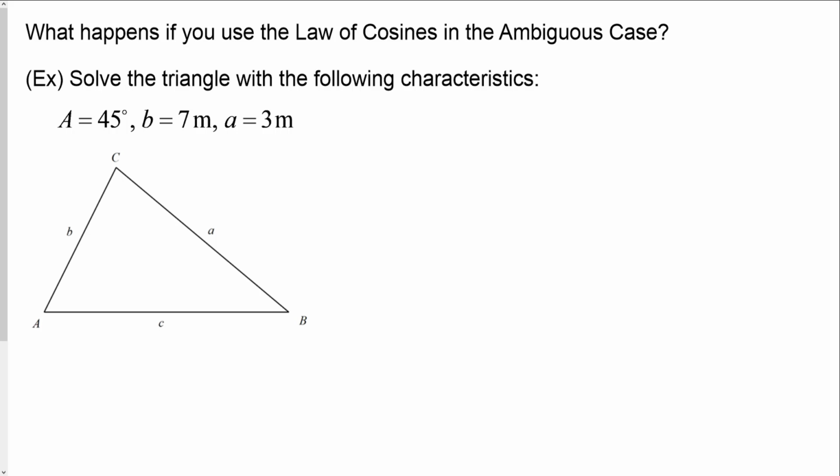The last question asks a hypothetical question. What happens if you use the law of cosines in the ambiguous case? So solve the triangle with the following characteristics. I have angle A at 45 degrees, b at 7 meters, and a at 3 meters.